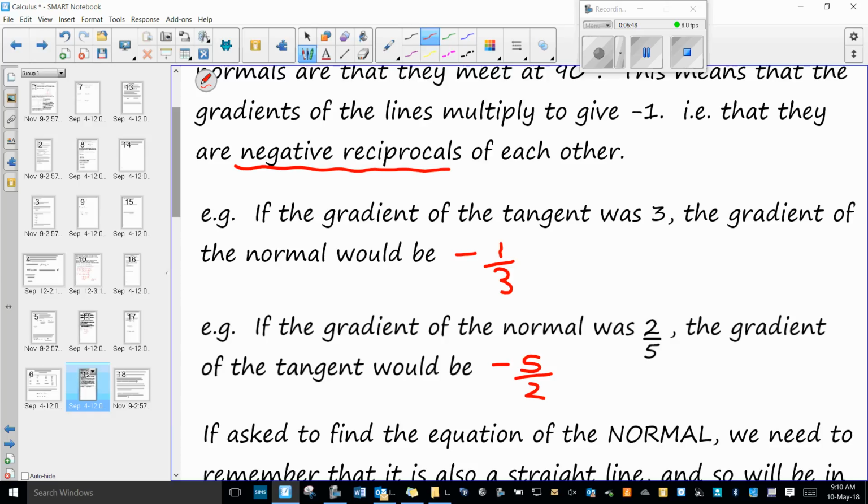So, that process we've just done to find the equation of the tangent, we differentiated. We stuck a value of x in. That gave us the gradient of the tangent.